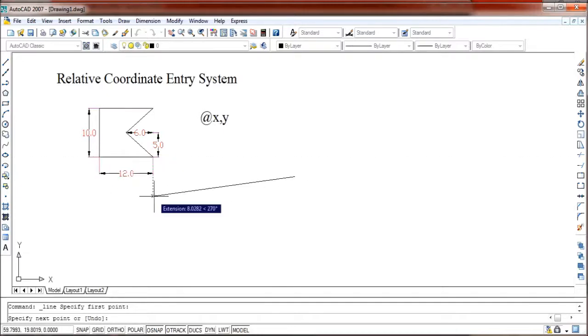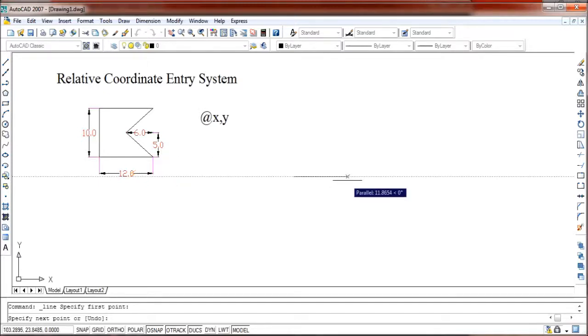So this is my starting point. Then I will go to this point. This point is the horizontal line having the dimension of 12 drawing units. Starting from this point, I have to move 12 distance towards x, 0 distance towards y, because this is the relative coordinate entry system.